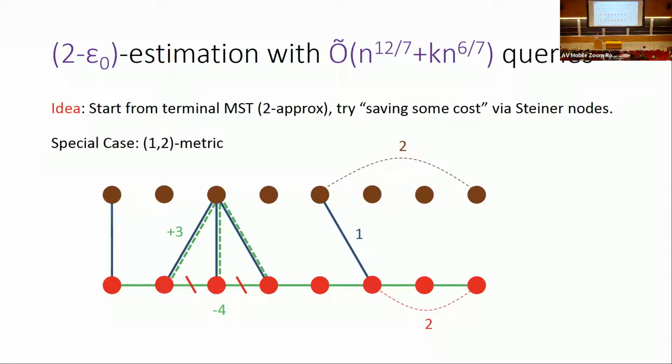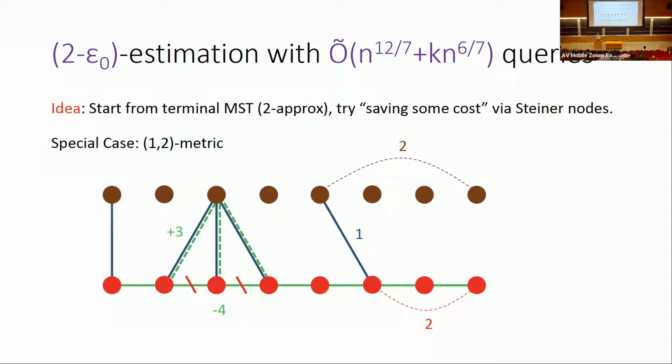In a special case where it's a 1-2 metric, we can further assume that the distance between terminals, between standards, and between a standard and a terminal can be either 1 or 2, where 1 is shown in blue. That's a very special case that illustrates the idea. If the terminal metric is a uniform 2 metric, then any tree is a minimum spanning tree, shown in green.